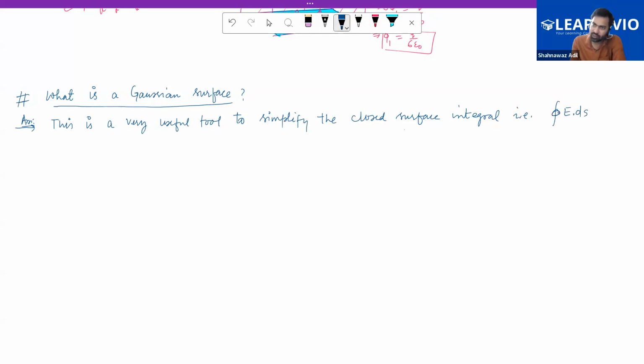So this surface is what we call the Gaussian surface, right?